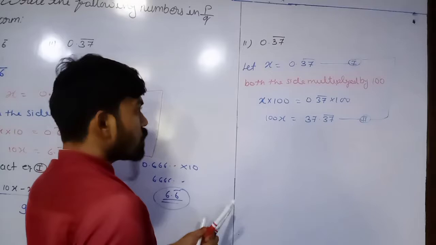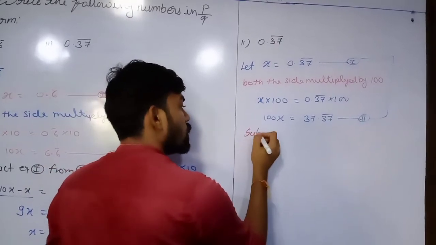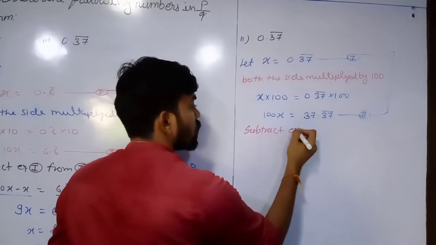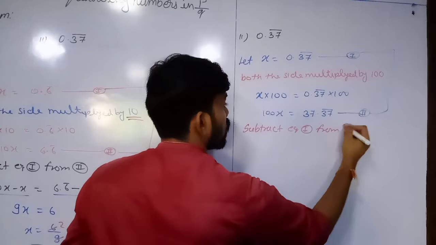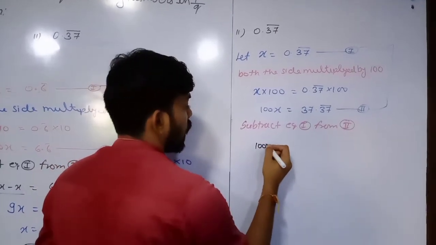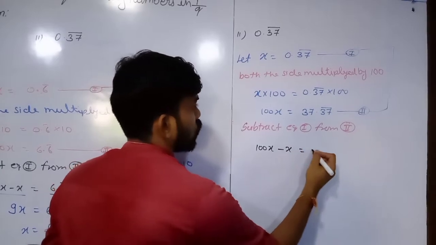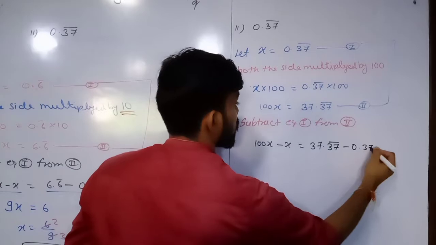Now see these two equations. The next step is we are going to do the subtraction. Subtract equation number 1 from equation number 2. So 100x minus x is equal to 37.37 bar minus 0.37 bar.